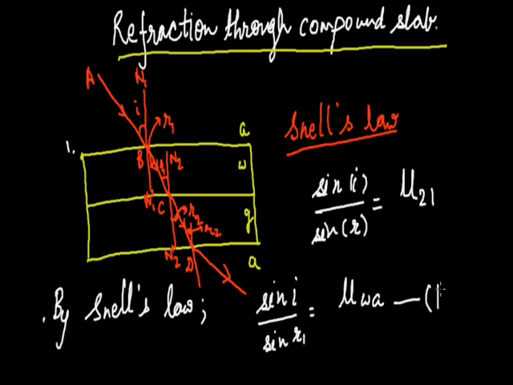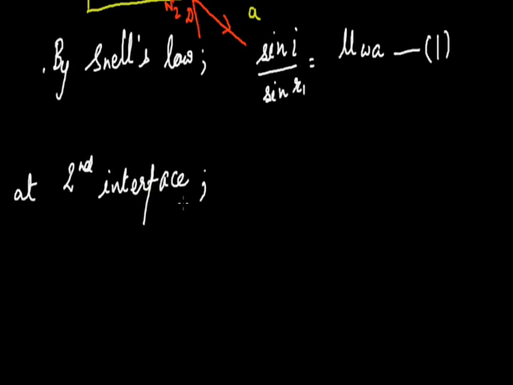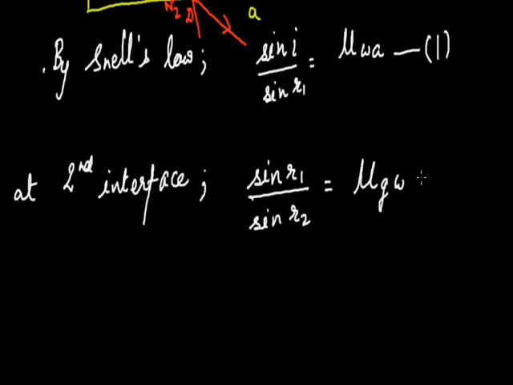This is equation 1. At the second interface, applying Snell's law, the ratio of sine R1 to sine R2 equals the constant, which is the refractive index of glass with respect to water. This equation can be numbered 2. Here, for the second interface, R1 was the incident angle and R2 was the refracted angle.